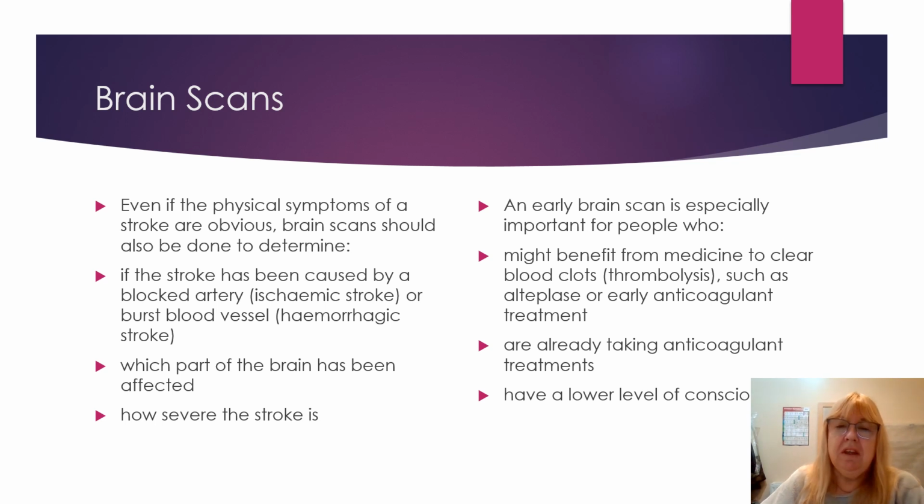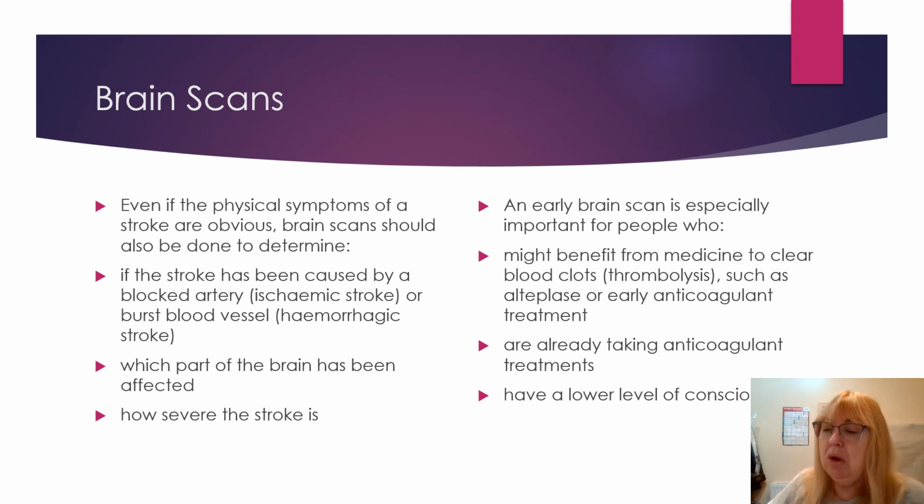The next thing that they'll get to fairly quickly, hopefully, is having a brain scan of one sort or another. Even if the symptoms are obvious, nowadays the new guidance is that brain scans must be done. First of all, you need to find out what's happened.